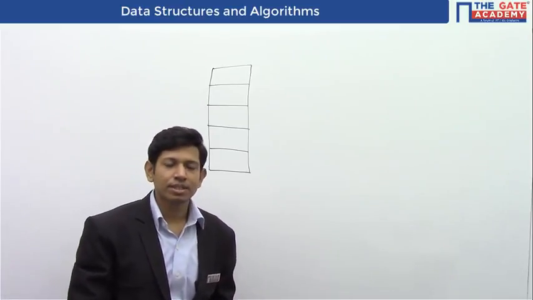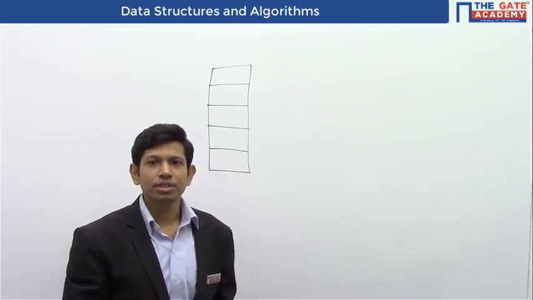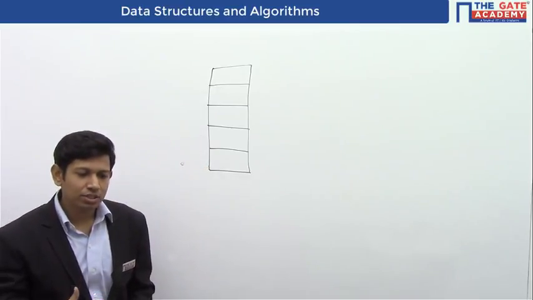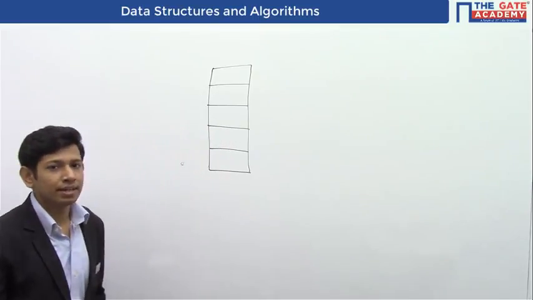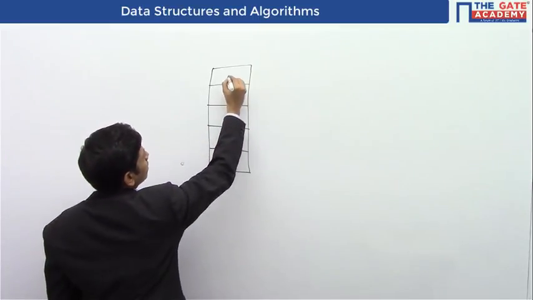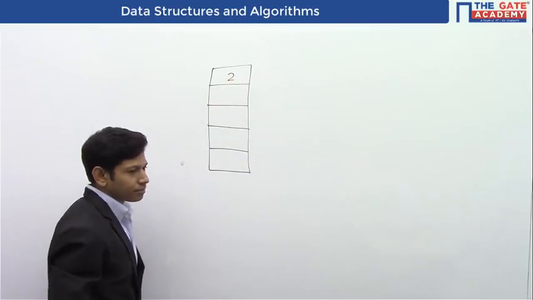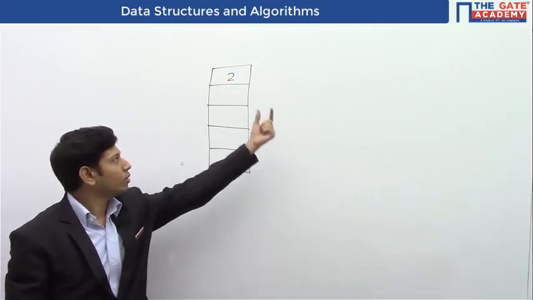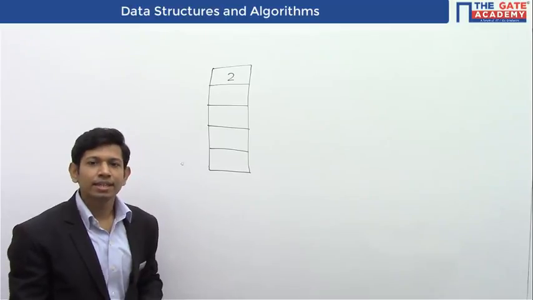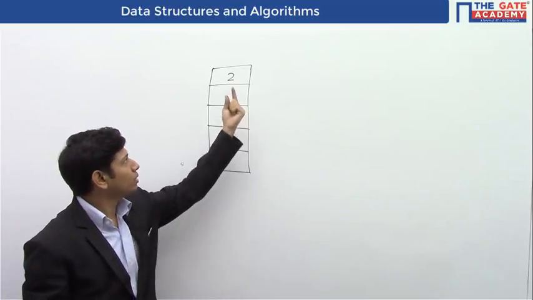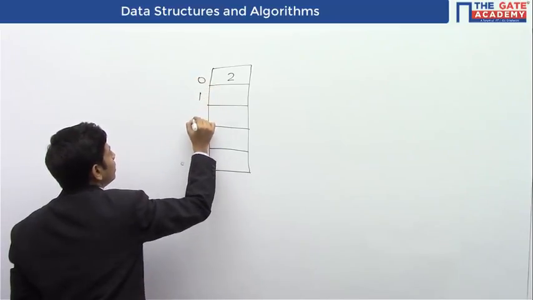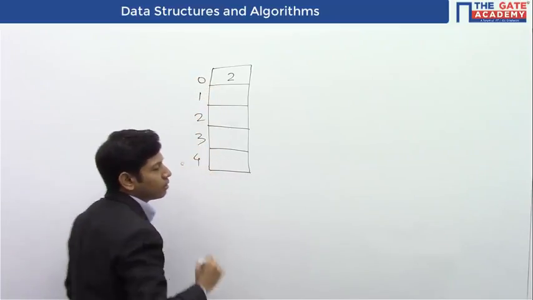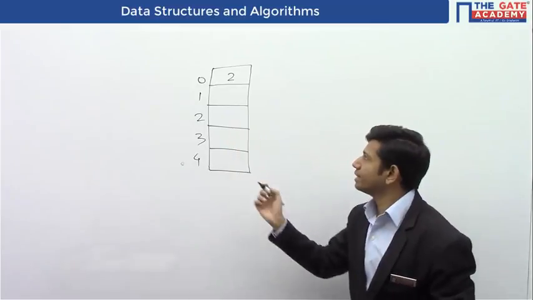Next thing which they are saying is that it uses chaining. So when it uses chaining, what it means is that suppose we have entered a key over here, and next the key comes again to this same index. Let's say this has index 0, 1, 2, 3 and 4 like this.